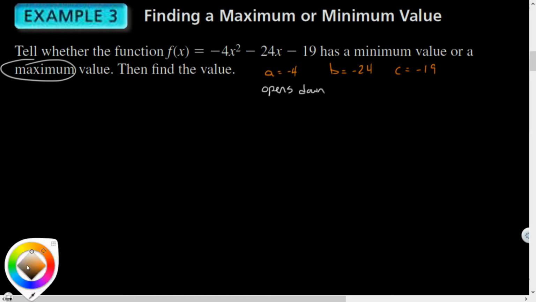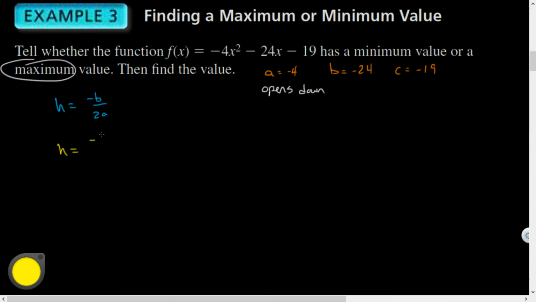And I can find the vertex using my little formula, negative b over 2a, right? So let's do that. h equals the opposite of negative 24 over 2 times negative 4. And so finding the maximum of a parabola, I could end up using this to answer the question of, when I throw a baseball in the air, what was the highest it went?